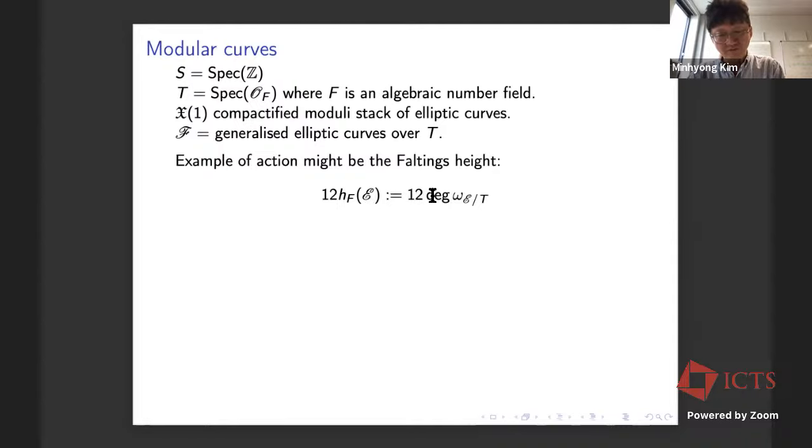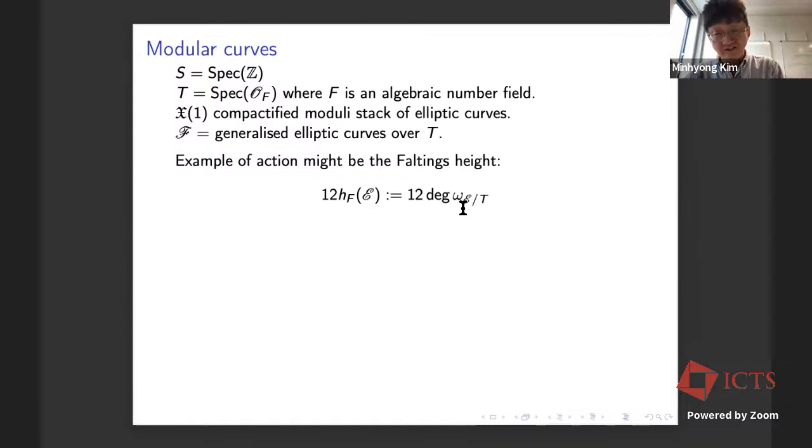I may have miscomputed something. If you take the invariant differentials on E, that has a natural metric, and of course it has an integral model over all places.